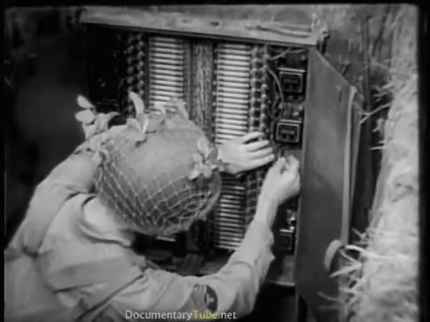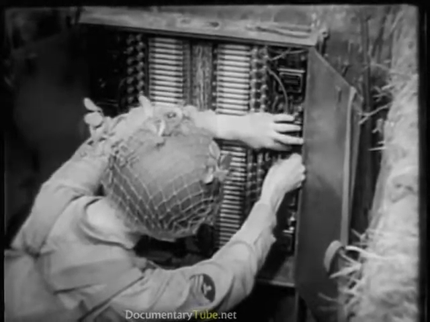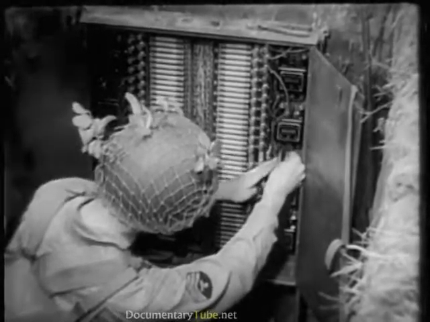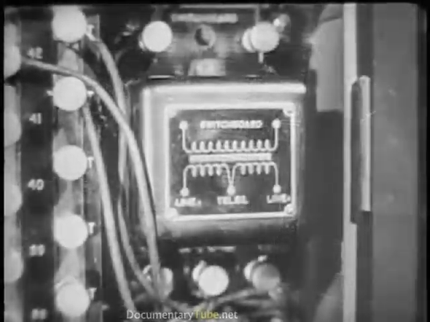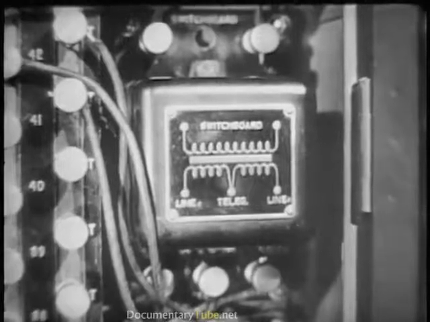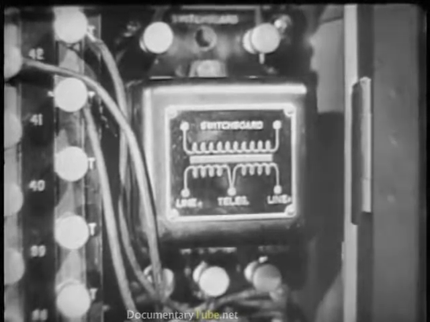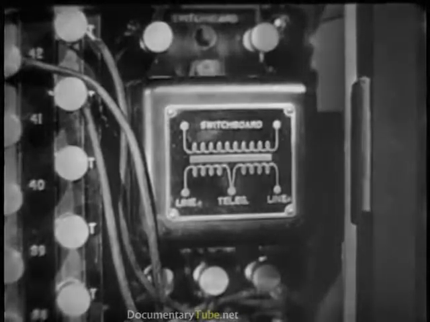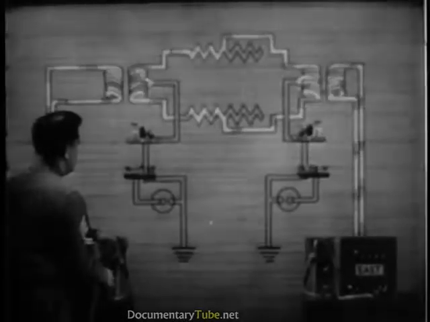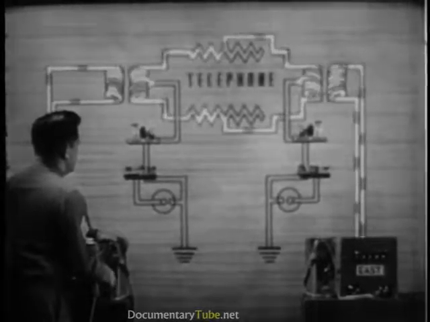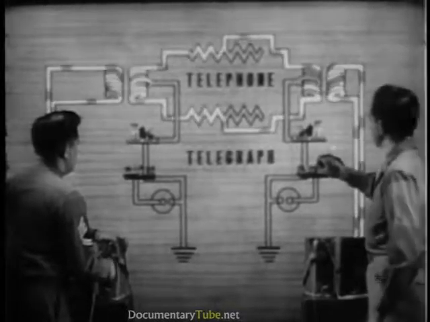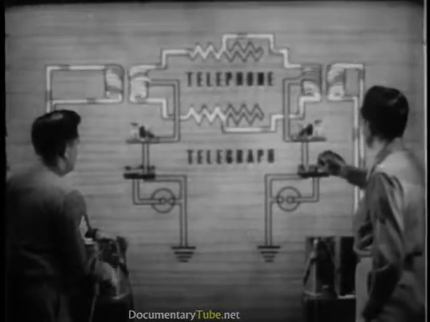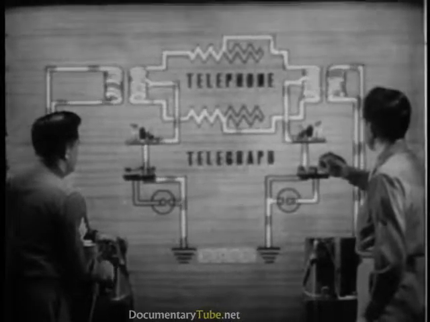Because simplex and phantom circuits increase the telephone and telegraph capacity of existing lines, the proper use of repeating coils eliminates the trouble, danger, and time of laying miles of extra wire. Under ideal conditions, the currents in a telephone circuit, simplexed for telegraph, look like this. Since both sides of the line are alike, this circuit is balanced.